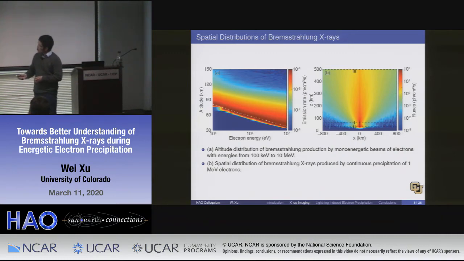We see that most of the X-rays are produced around 50 km. A large amount of those X-rays are emitted into the lower atmosphere, but they are absorbed above 20 kilometers because of the air density. And a significant fraction of those X-rays are actually back scattered into space. And this is the main focus of our study.